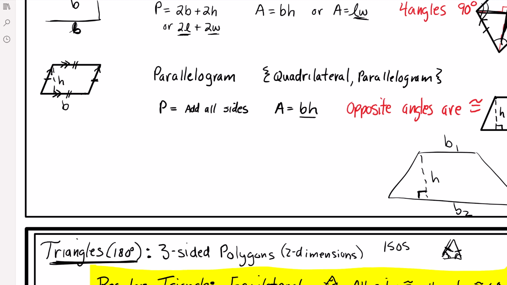By the way, a rectangle is also a parallelogram where the sides haven't been slanted. Anyway, for a parallelogram that looks like this, here is the area, and for the perimeter, you just add up all the sides. Okay.